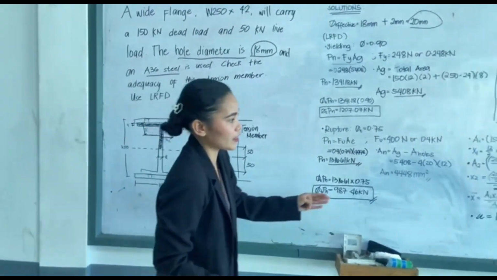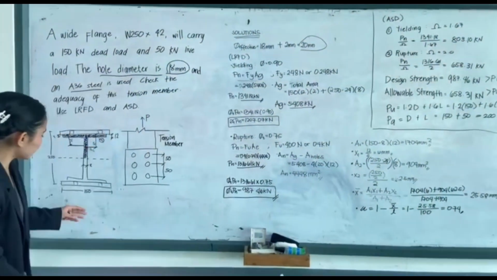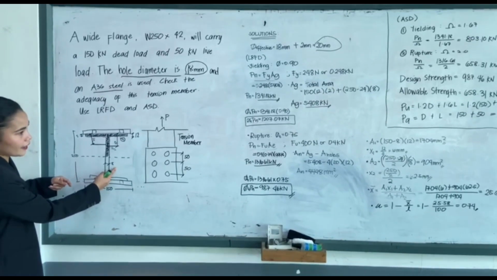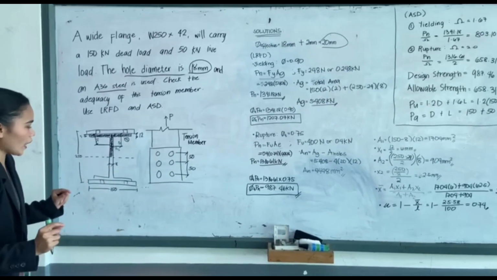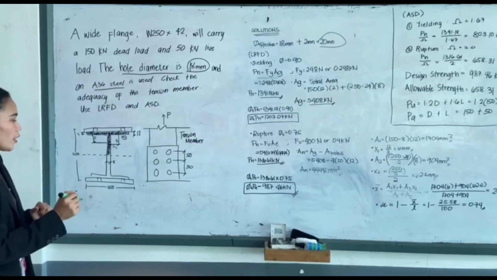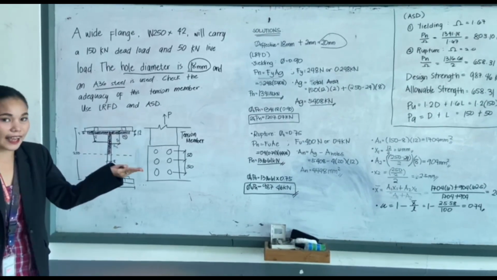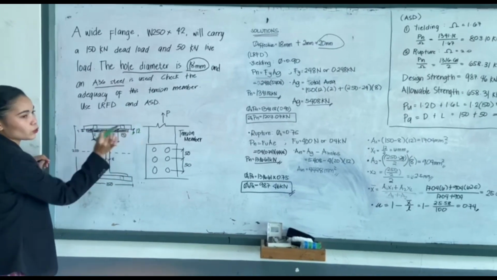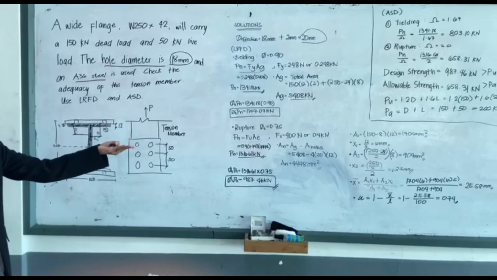So we have here area 1. Area 1 is 150 minus its thickness of 8, times 12. So we have 1704 mm squared. Then its x1 is half of 12, so 6 mm.